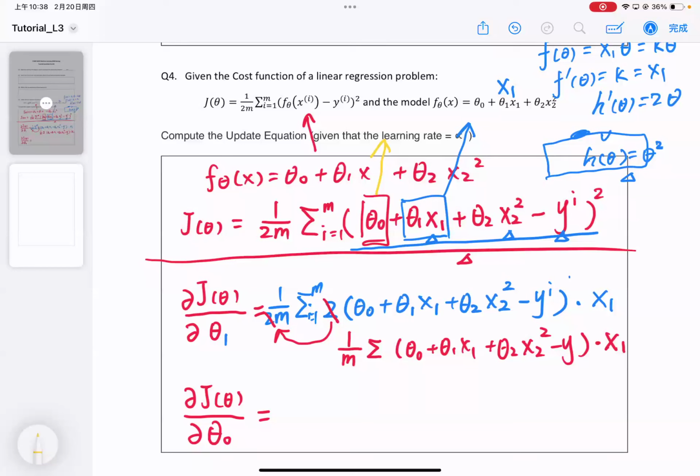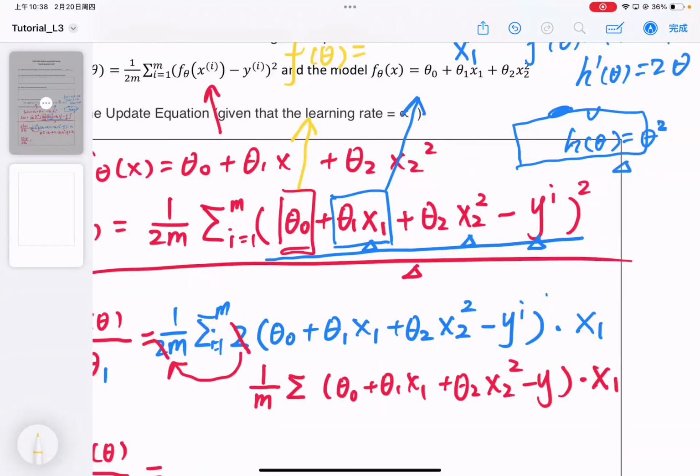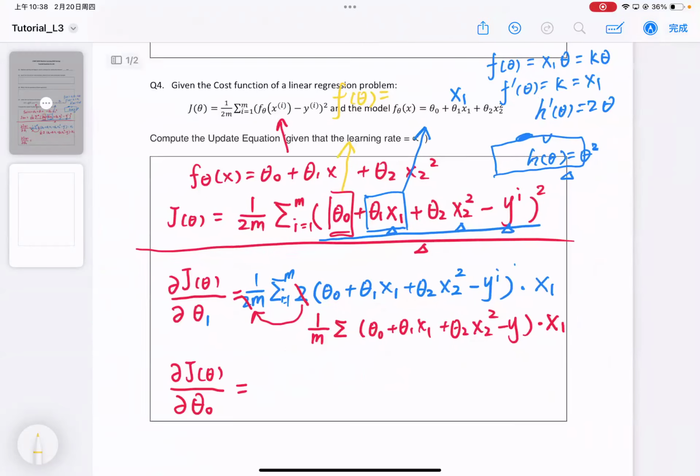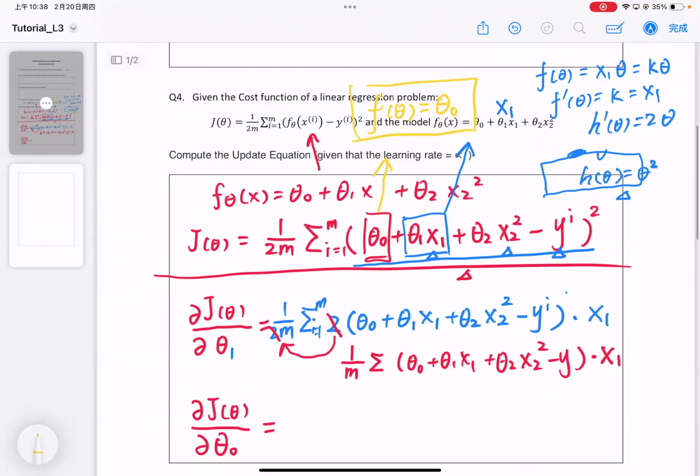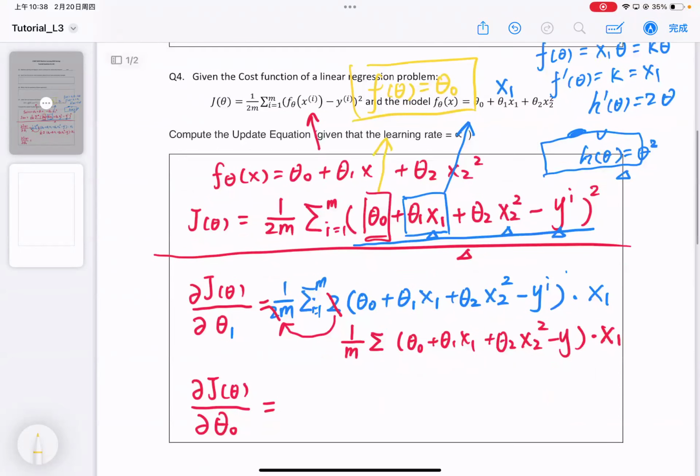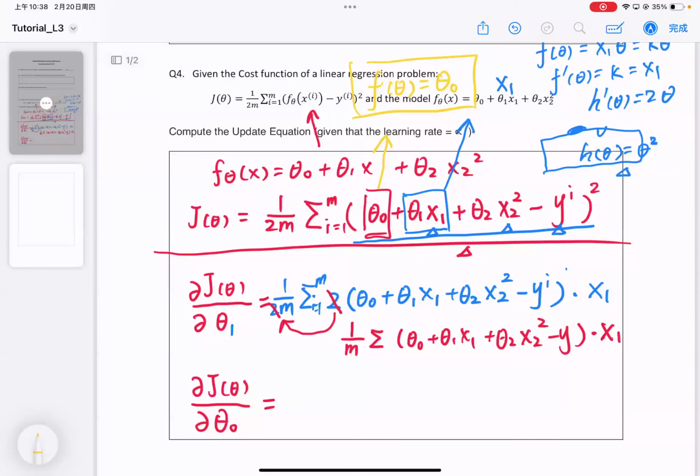we are using another function, f theta, which is equal to theta 0, right? And then the derivative of this function is what? It is 1, right? Because it doesn't have a factor of x1 here. So the derivative of this function is 1.